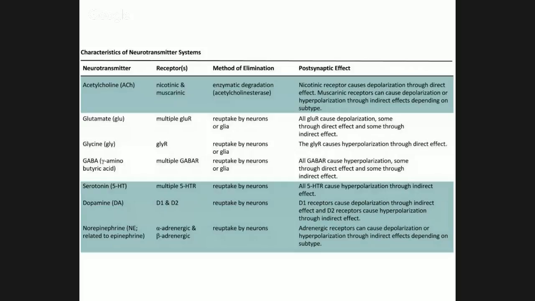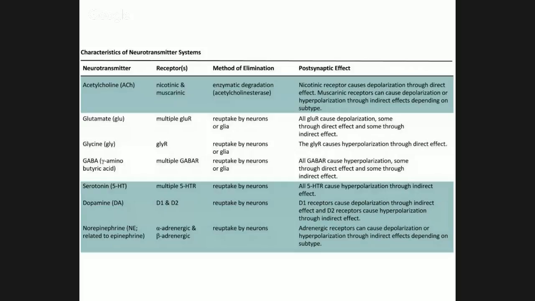So, actually, if you put the nicotinic receptor and the glycinergic receptor side by side, you have two ligand-gated ion channels, one opened by acetylcholine, the other opened by glycine. The nicotinic receptor allows positive ions to cross the membrane, and the glycinergic receptor allows negative ions to cross the membrane.